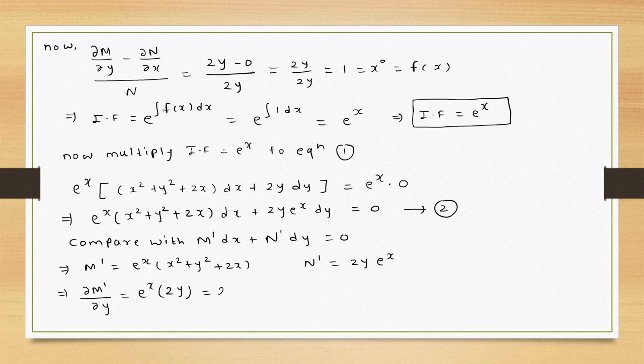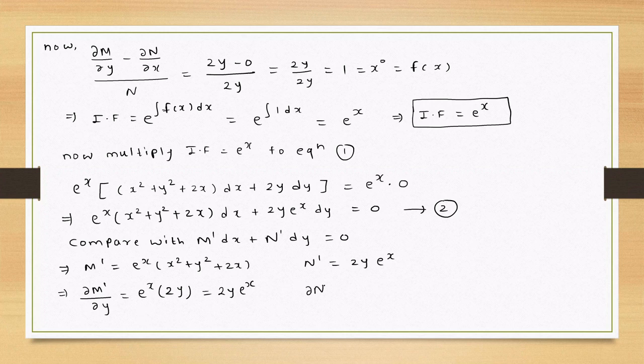So it is 2y e raised to x. Correct? Because e raised to x is treated as a constant, since we take the derivative with respect to y. So x square constant 0, y square 2y and 2x 0.